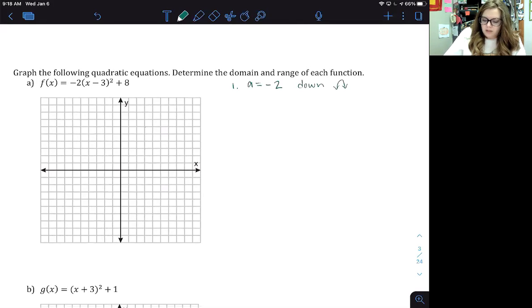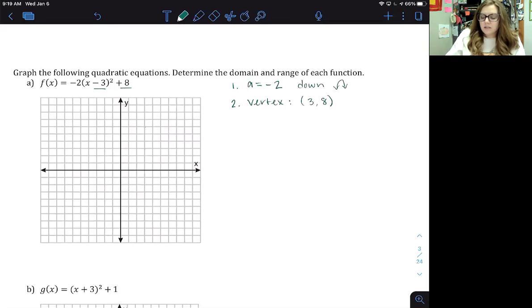Okay. Our second step is to find our vertex. So we can either look at our equation. So we have inside x minus 3. If we change the sign of that, that becomes +3. And then the 8 on the outside stays the same sign. Or use your translations.